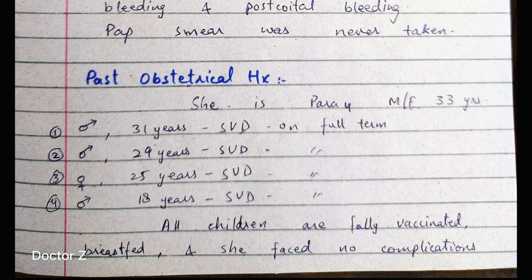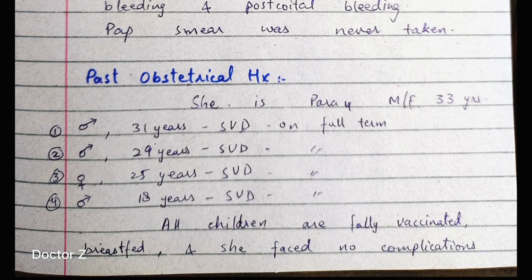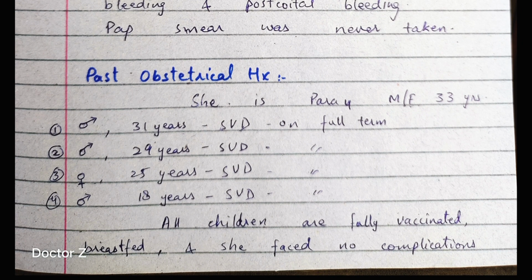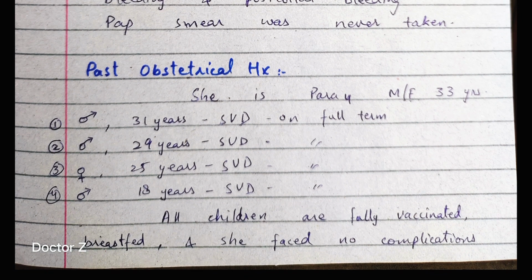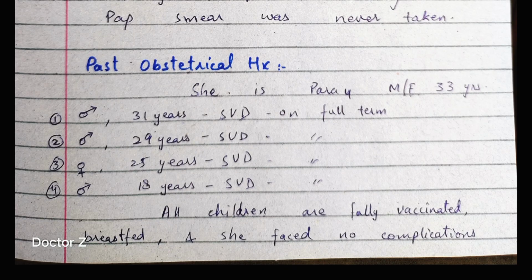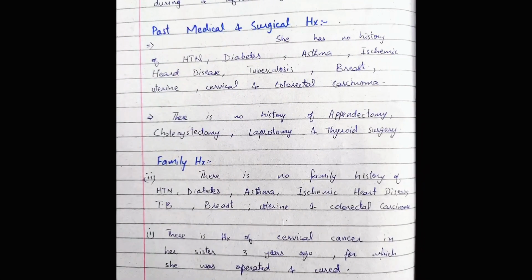Third child is female, 25 years old, delivered through spontaneous vaginal delivery at full term. Fourth child is 18 years old, delivered through spontaneous vaginal delivery at full term. All children are fully vaccinated, breastfed, and she faced no complications during and after any pregnancy.